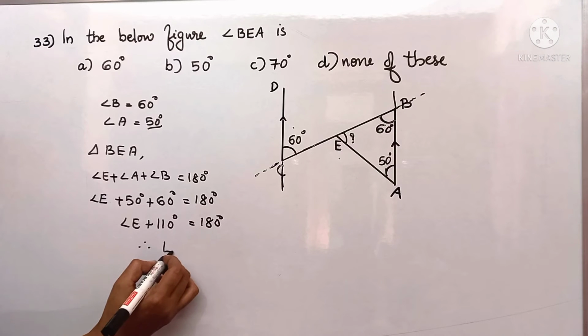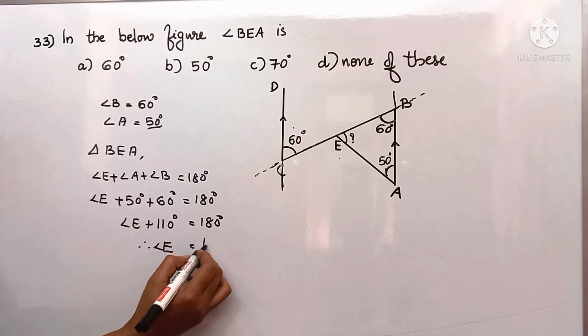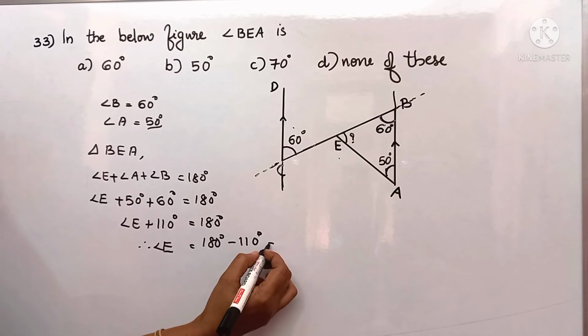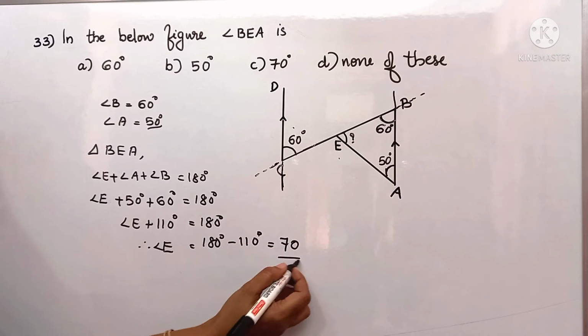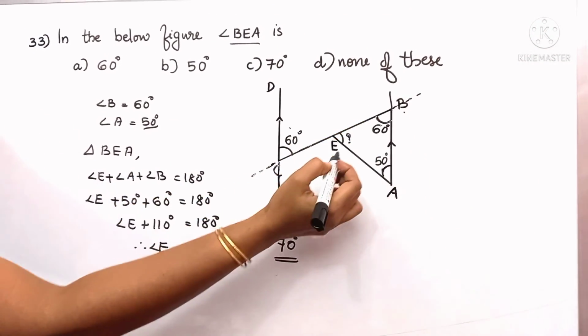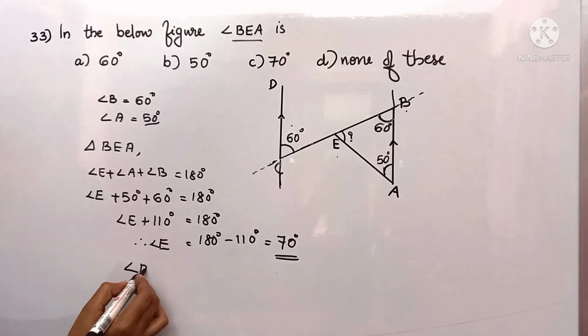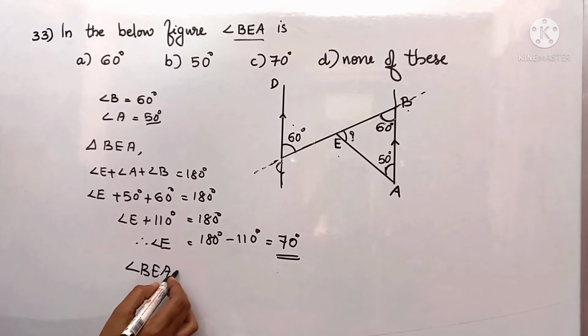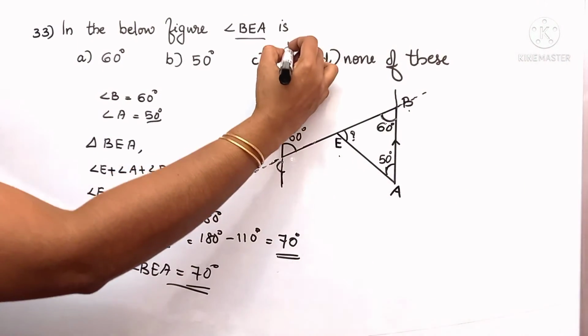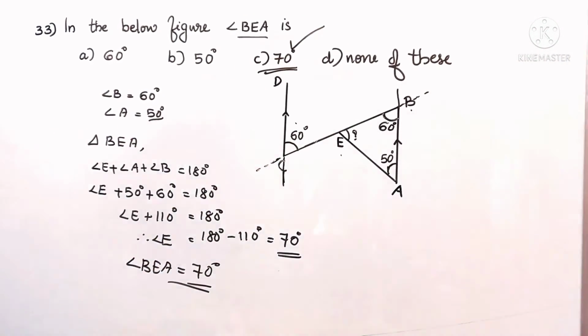Therefore, angle E is equal to 180 degrees minus 110 degrees, that is equal to 70 degrees. This is our answer. Angle E means BEA here. Angle BEA is equal to 70 degrees. Here our answer is option C, 70 degrees.